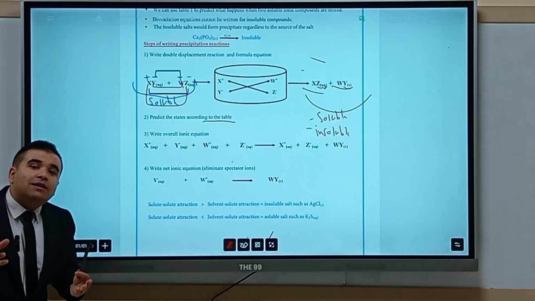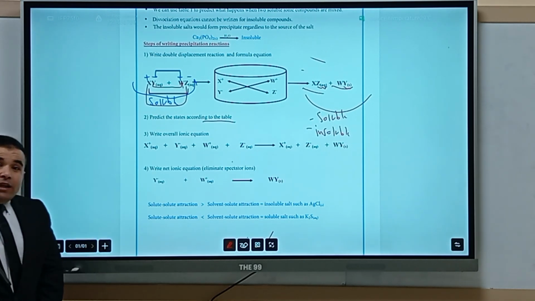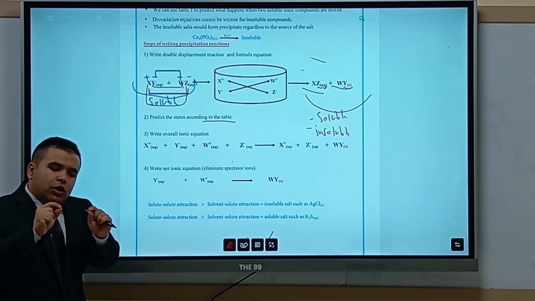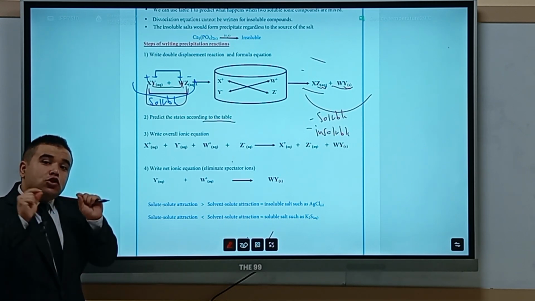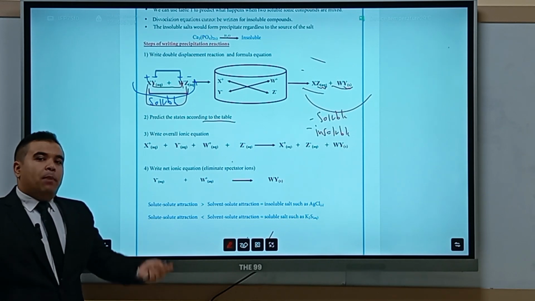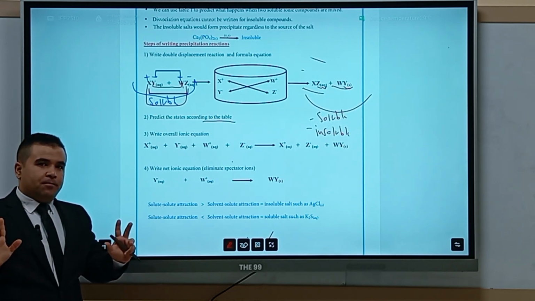And then how to write the overall ionic equation, guys. In order to write an overall ionic equation, dissociate the soluble salts into ions, but let the insoluble stay unchanged.